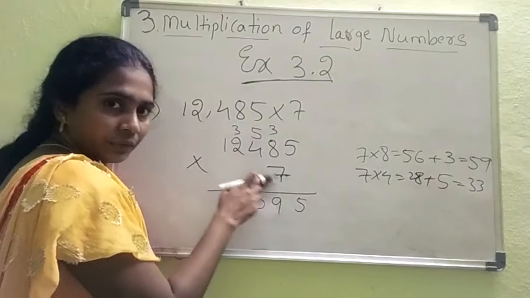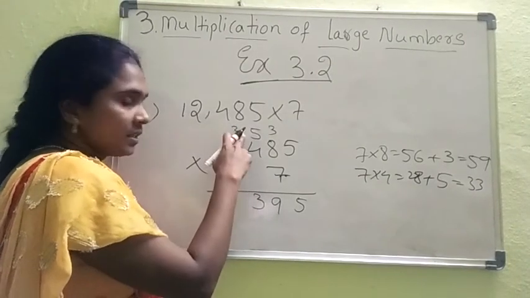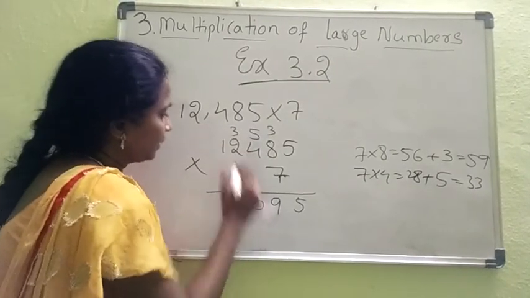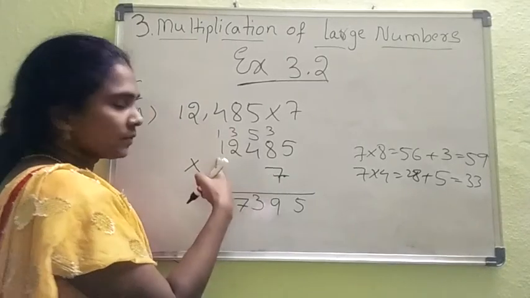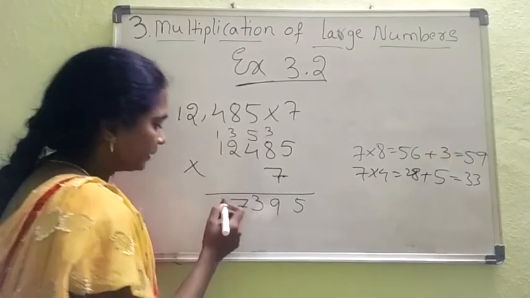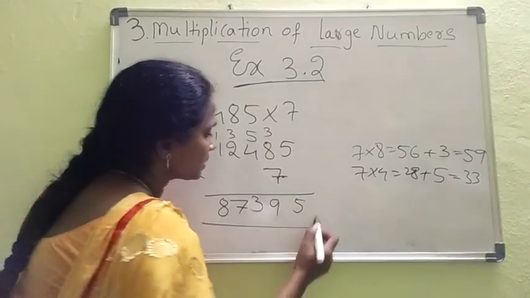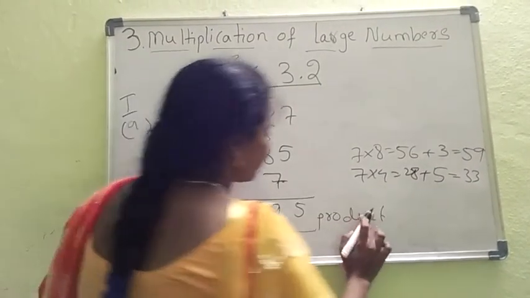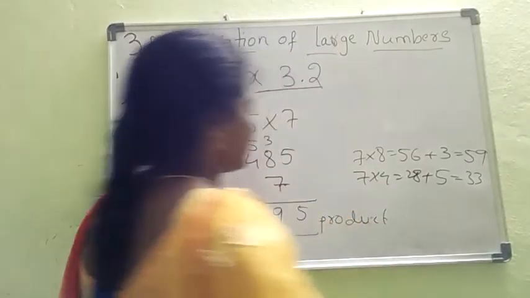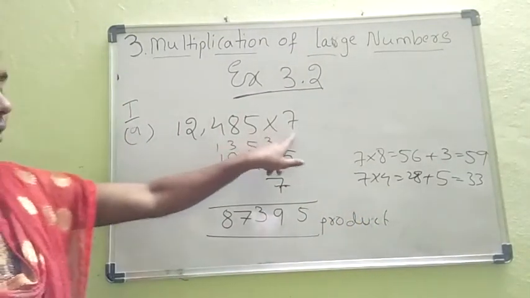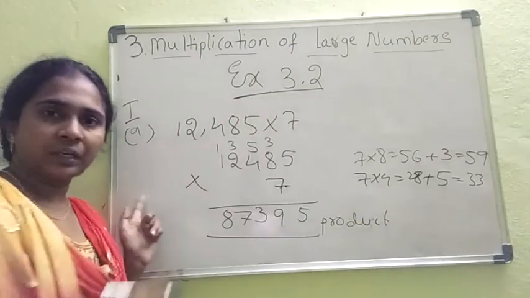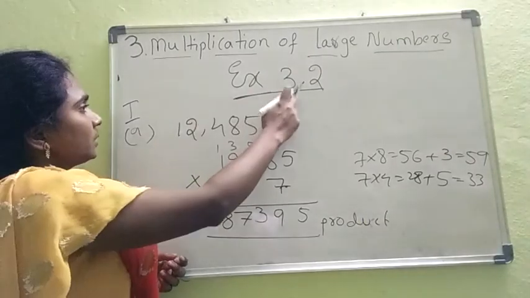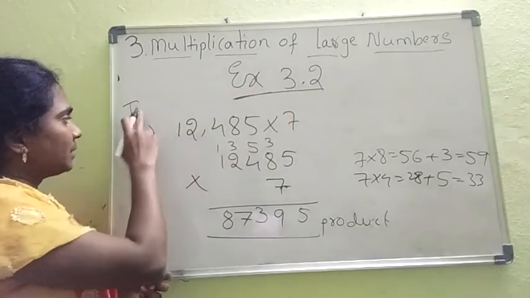Next, 7 2s are 14. 14 plus 3, 17. 7 should be here, 1 should be a carry forward. 7 1s are 7 plus 1 carry, that is 8. This is the product of the given 5-digit number with a single digit, the product of the 5-digit number with 7. I hope it is clear, right? This is in your exercise 3.2 first bit, first question.